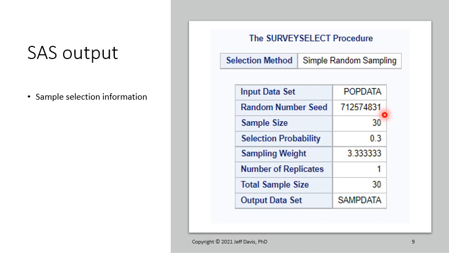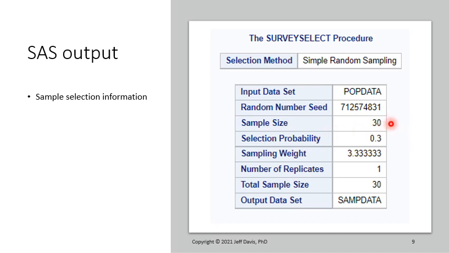We gave it the number 49, and then it jumped to another seed value, which is 712,574,831. We just need to give it a starting point, and then it jumps to a random seed value and goes from there.